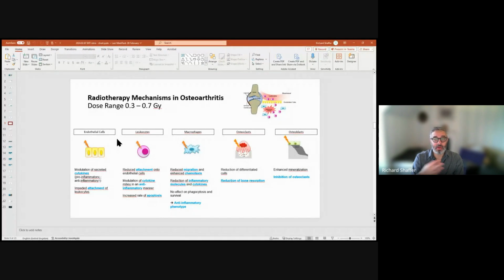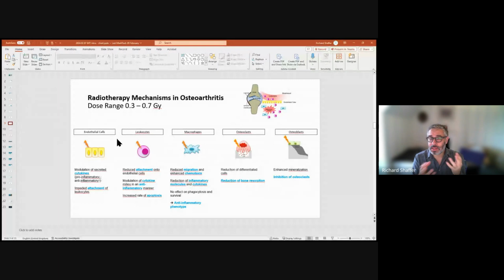In normal inflammation, you get the white cells, the leukocytes, that adhere to the endothelial cells. They're recruited, they come to the inflammatory stimulus, and they work together with macrophages to create an inflammatory environment. And radiotherapy works on all those cells. It stops the white cells adhering to the endothelial cells.